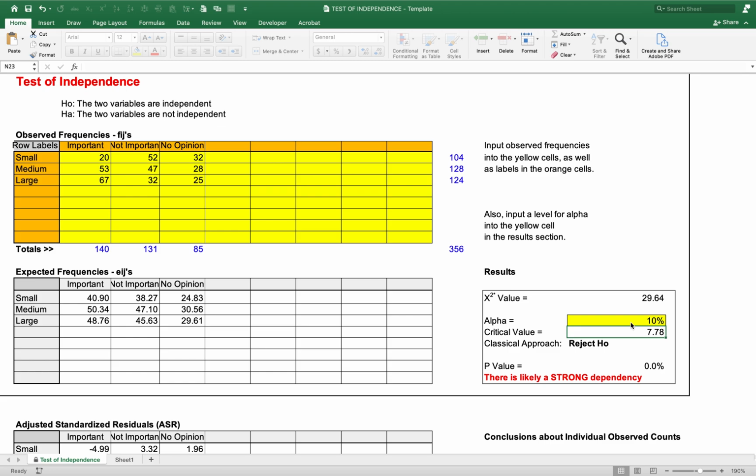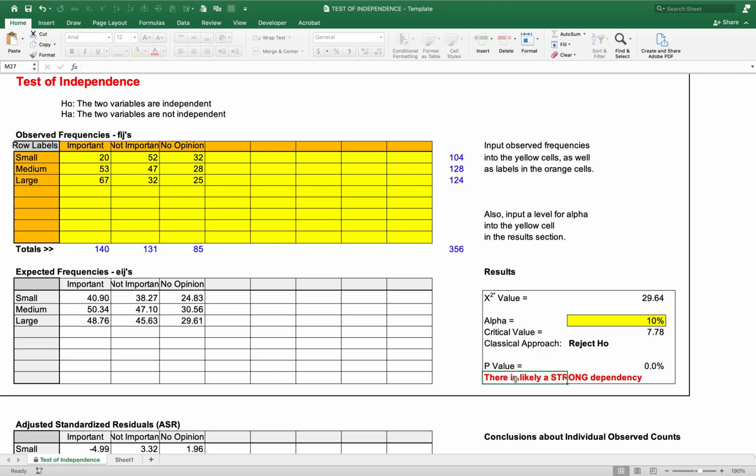And it says, yeah, a 10% level of significance. And so that's what we've got here. So we can change the alpha right there. And the critical value turned out to be 7.78. And the p-value is 0. This 29.64 is way out in the right tail. It's much larger than the 7.78. And so this indicates then a likely strong dependency.